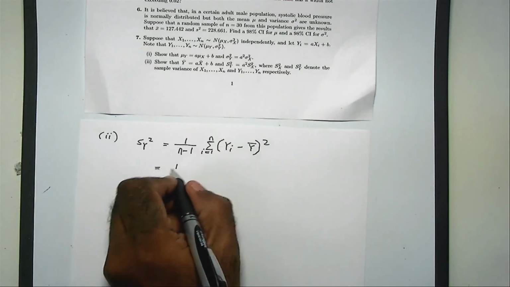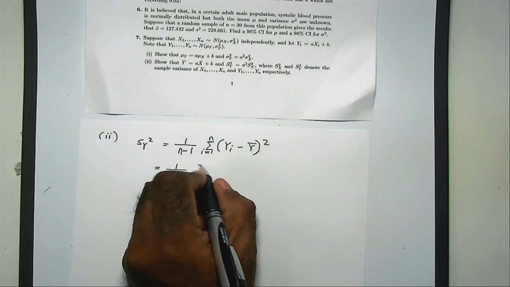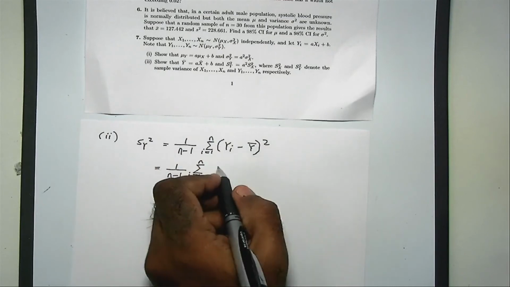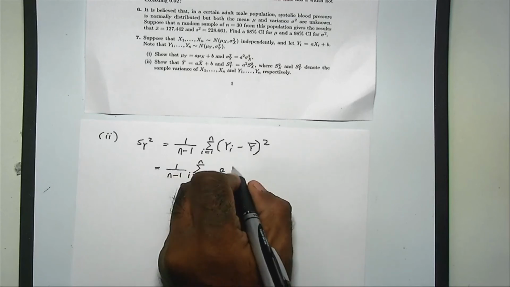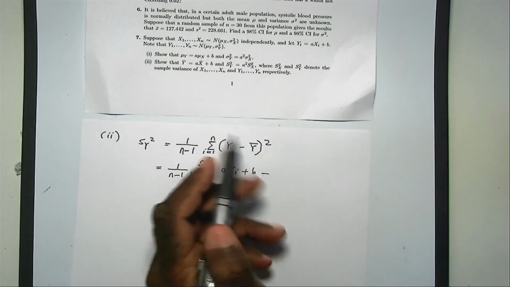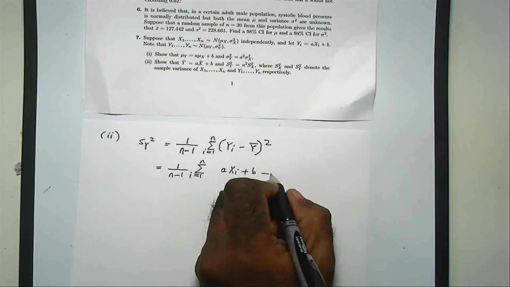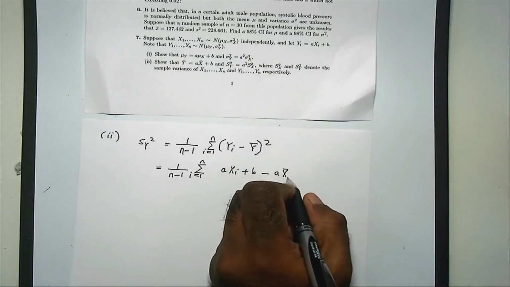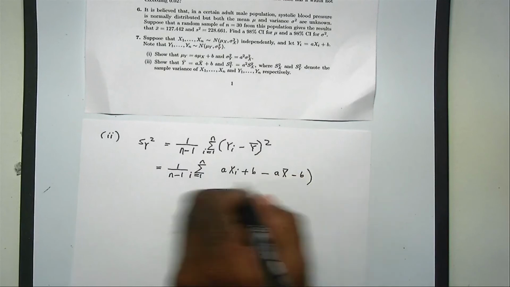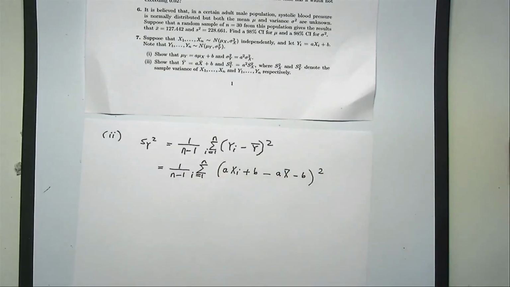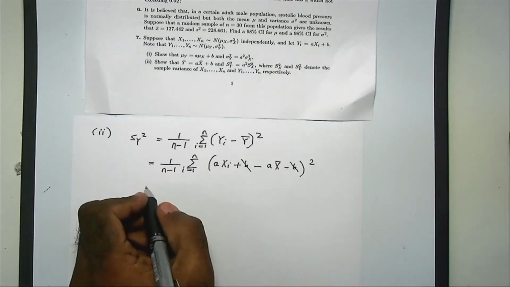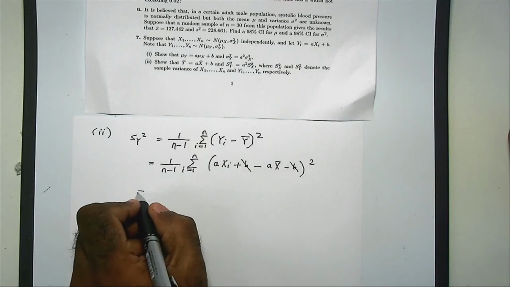Now we know that y_i is equal to a x_i plus b, and we know from part 2 earlier that y bar is a x bar plus b, so minus y bar is minus a x bar minus b. So these two cancel out, and a is a common factor, so you can pull it outside.